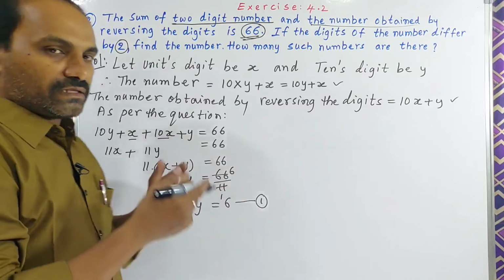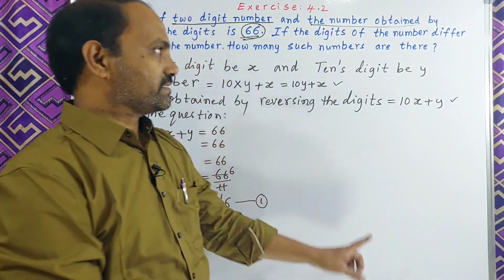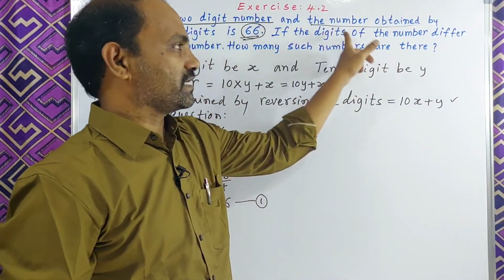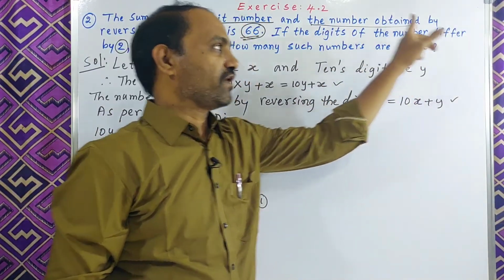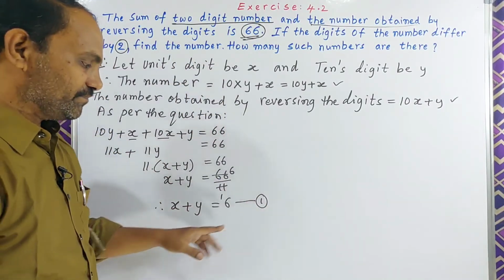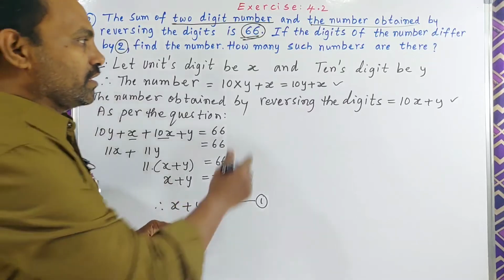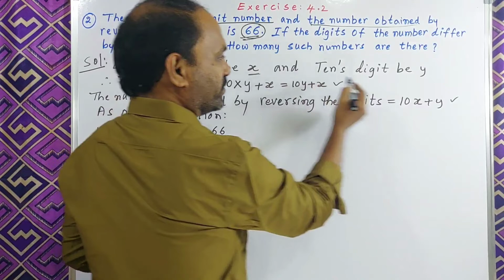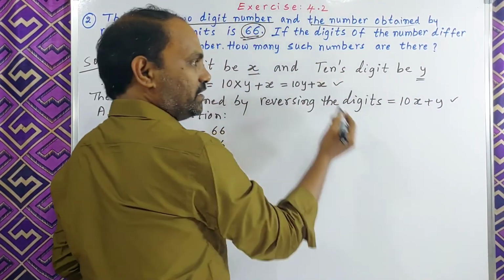The other condition is also given. What is that condition? If the digits of the number differ by 2, the difference of these two digits is 2. One thing to remember here: we take the units digit as x and the tens digit as y, as already taken.